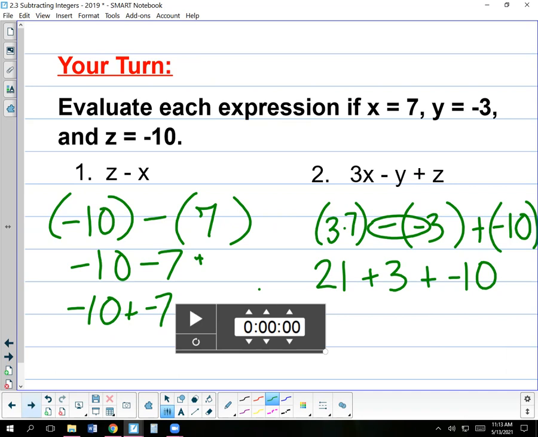Now you owe me $17. You're saying you're now way in the negative. I already was below 0, now I gotta go further below. So the answer here is negative 17, and the answer here was 24 minus 10, or 24 plus a negative 10, which is 14.